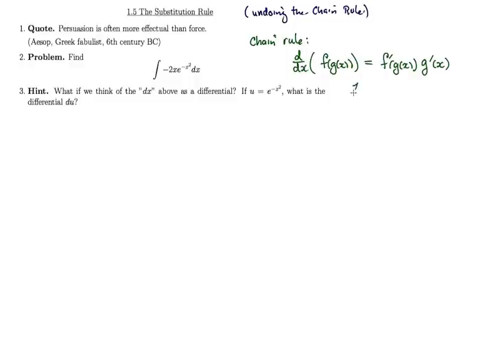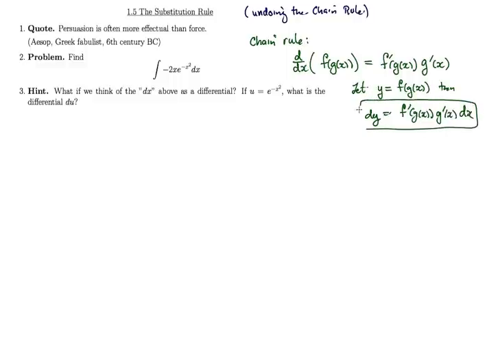So if we let y be f of g of x, then the differential dy is just the derivative of the function times dx, and we just wrote what the derivative was above using the chain rule: f prime of g of x, g prime of x dx. Okay, so there's an expression of the chain rule written in the form of differentials.